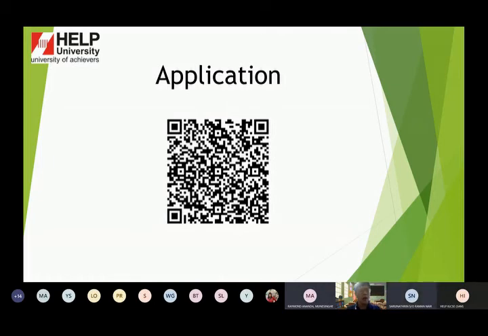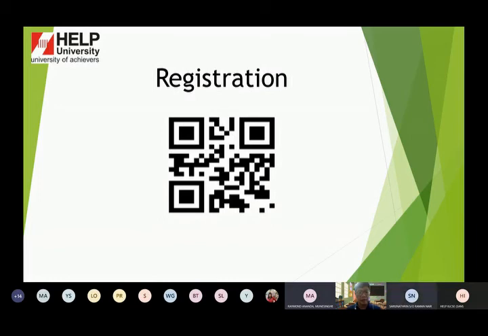There is also a registration form if you would like to sign up for this course. Scan this code, fill up the form, and register by paying the fee of 1,250. Then you can start the course in August.